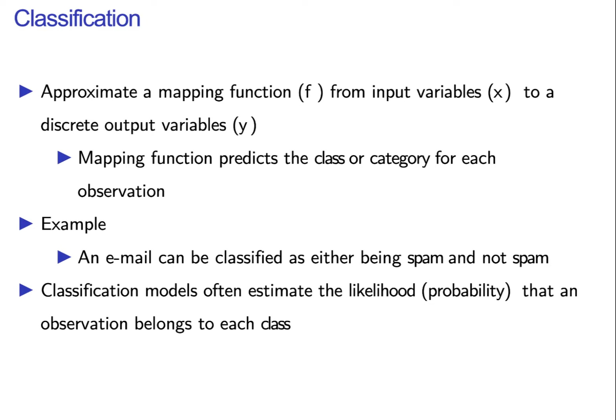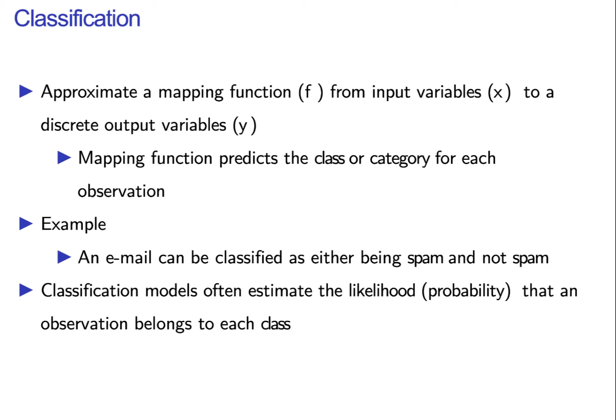So we are trying to predict what category, or sometimes it is referred to as a class. Essentially, we are going to try to create some sort of function that maps the input variables to a discrete output variable.